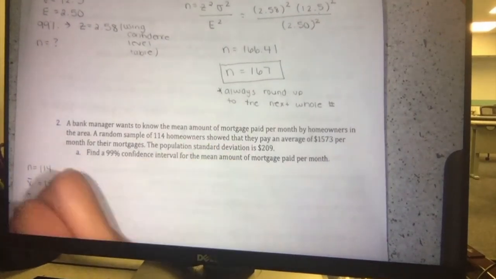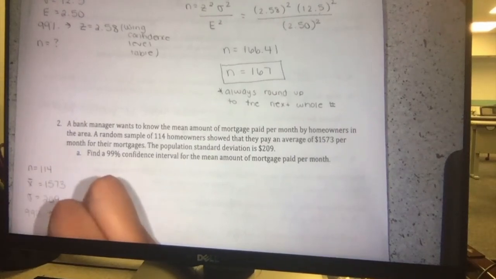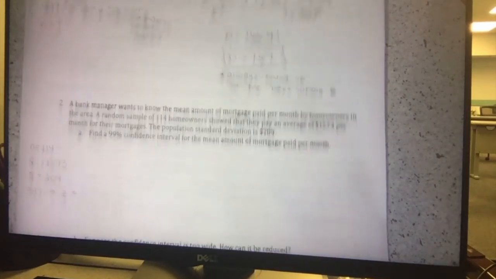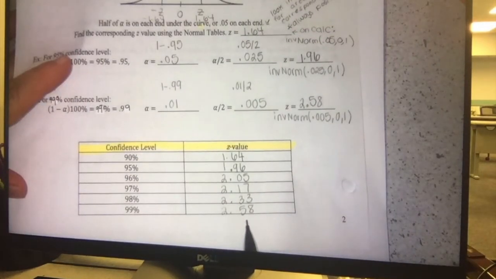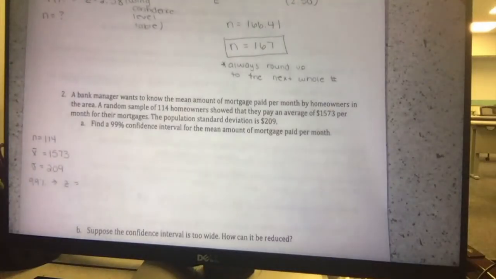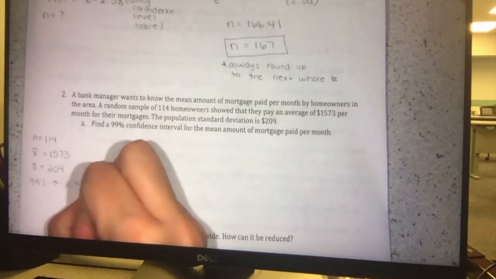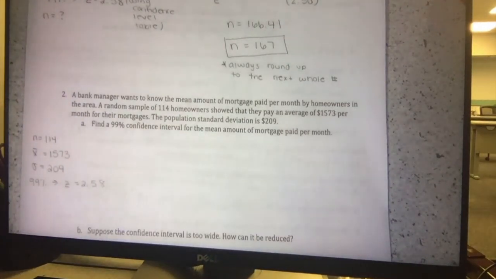It told us that we're 99% confident, which going to our Z table means that Z is 2.58. And then we're looking for the confidence interval.